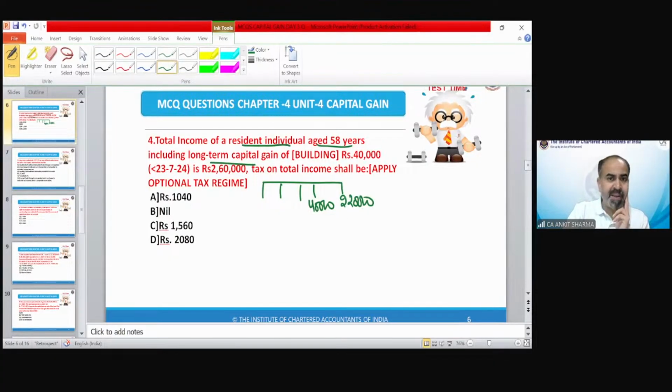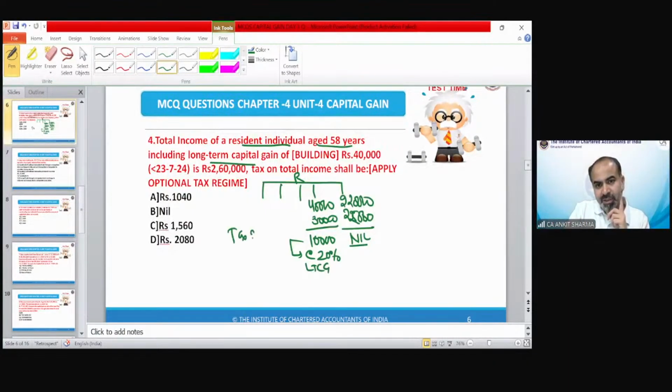So at 58 we are having a limit of 250. Out of that 250, 220 is going to be utilized. Now, because you are a resident, you can utilize the unexhausted limit against your long-term capital gain. So the income would be 10,000 and the tax would be at the rate of 20% on long-term capital gain. So my tax is 2,000.